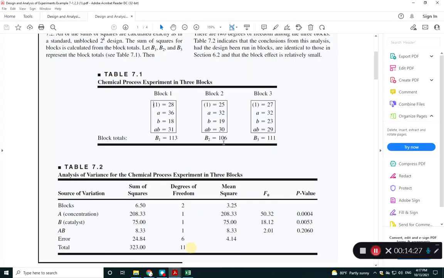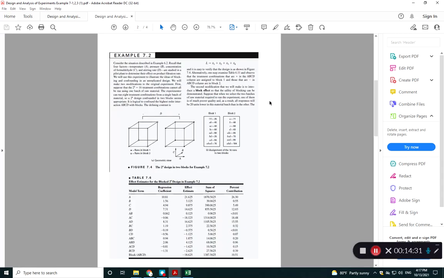And then for 7.2, the example, okay, you have 2 blocks, finish half of them, finish the other half, so totally 16 trials, separated into 2 blocks.